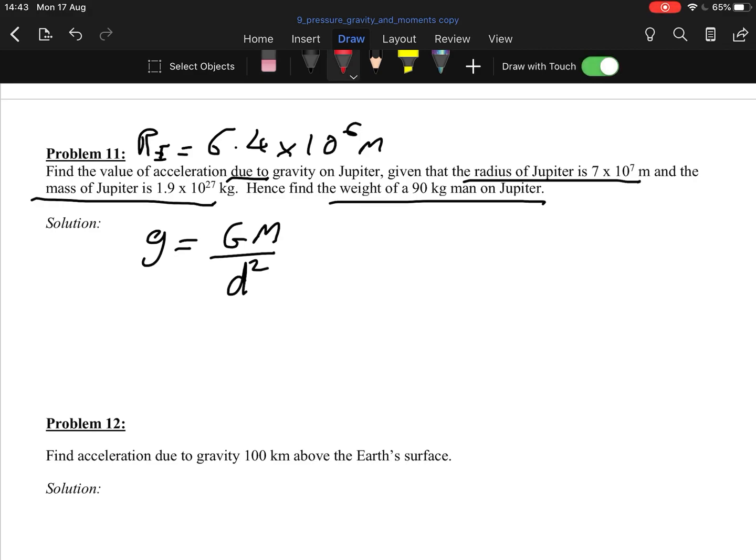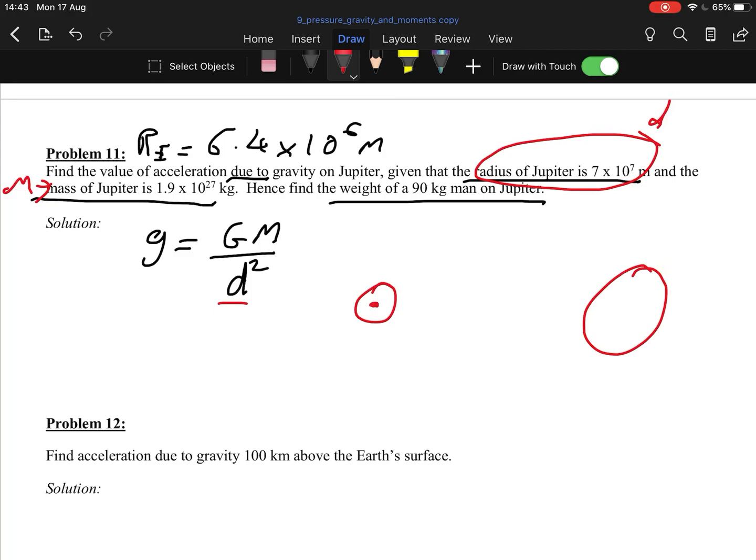We have the gravitational constant, we have the mass of Jupiter, this is M, and this is d. I meant to cover this actually: when we're finding the force of gravity, you go from the center of the planet to the center of the planet. That's your distance.